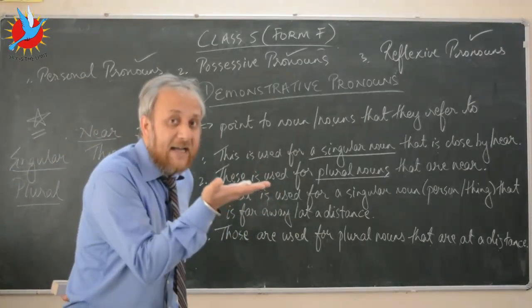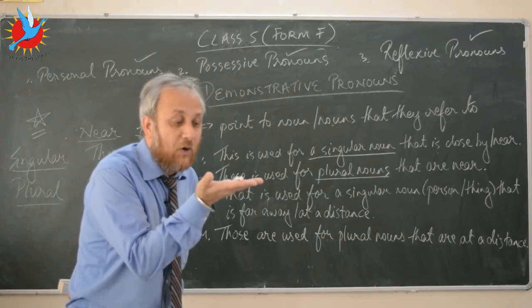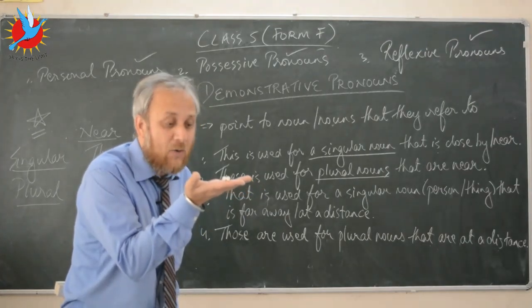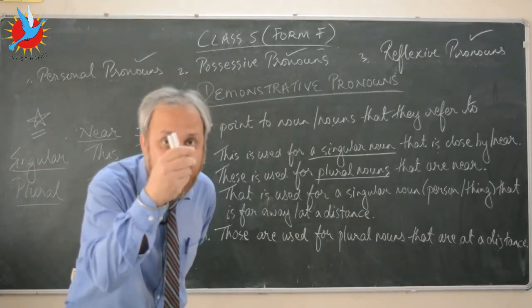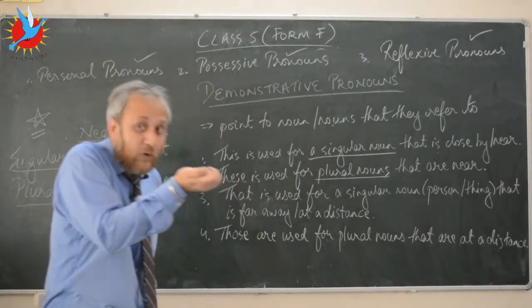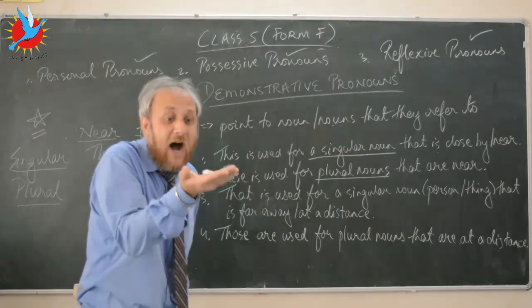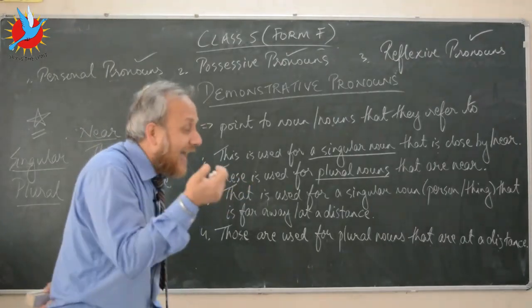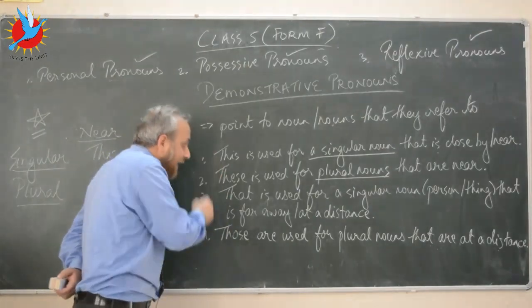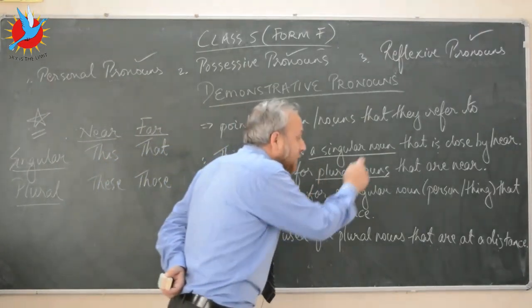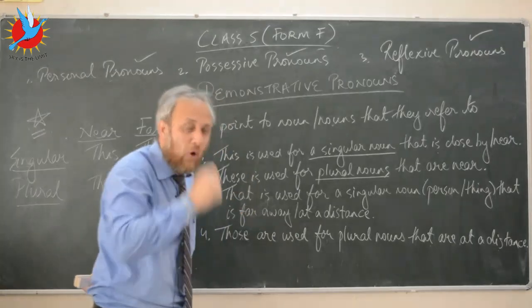So these are sticks of chalk. Chalk is a noun, and it is plural because I have two sticks of chalk in my hand. Since these sticks of chalk are in my hand, that is why I've used the demonstrative pronoun these. So these is used for plural nouns that are near or close by.